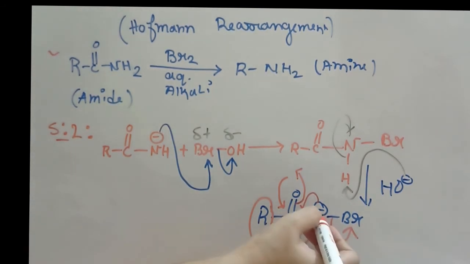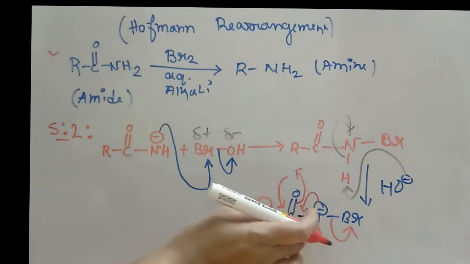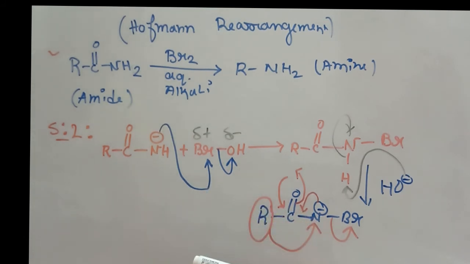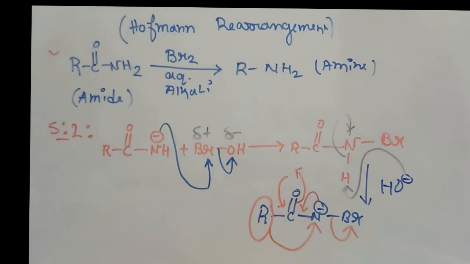There was a negative charge on the nitrogen atom; this negative charge goes towards the carbonyl carbon, and again the bromine bond breaks.